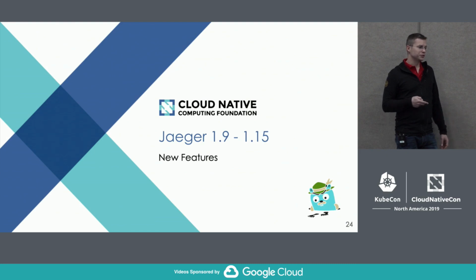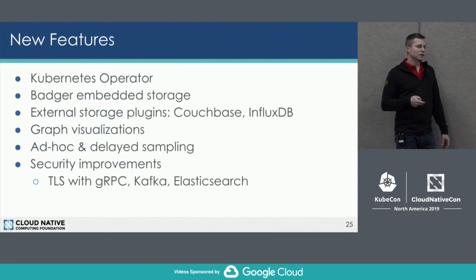Okay, so new features since basically last KubeCon in Seattle. There is a new Jaeger operator. It exposes all the configuration that we have in Jaeger itself, so you can do basically everything with it. There is a new local storage based on Badger.